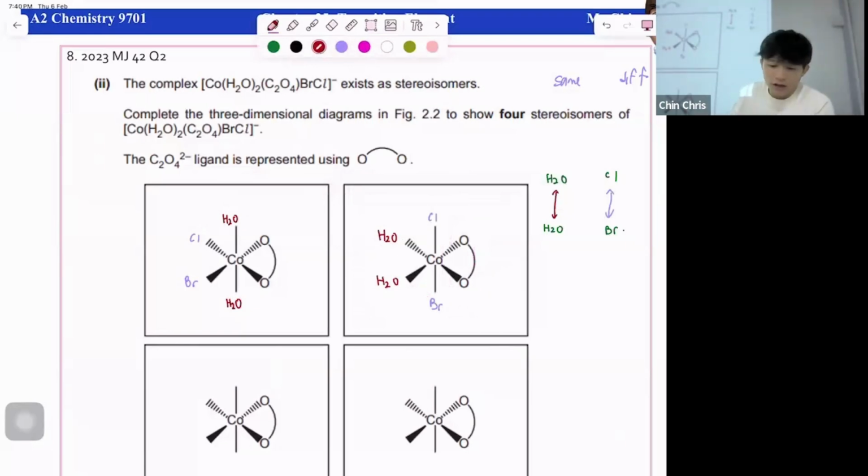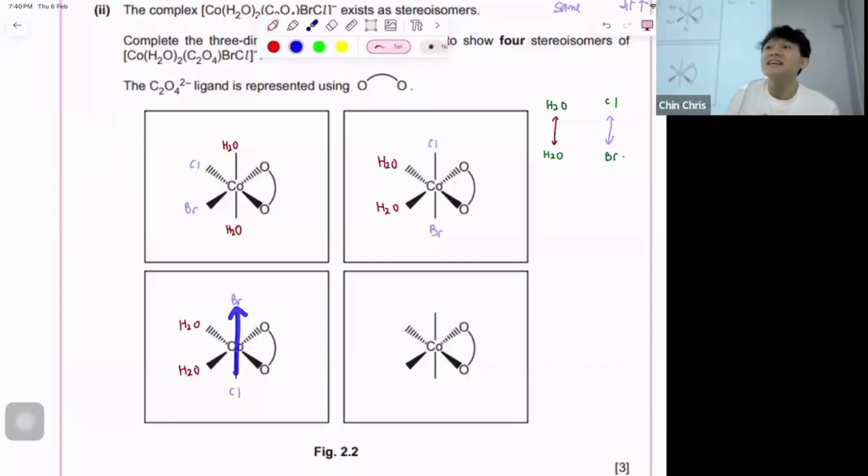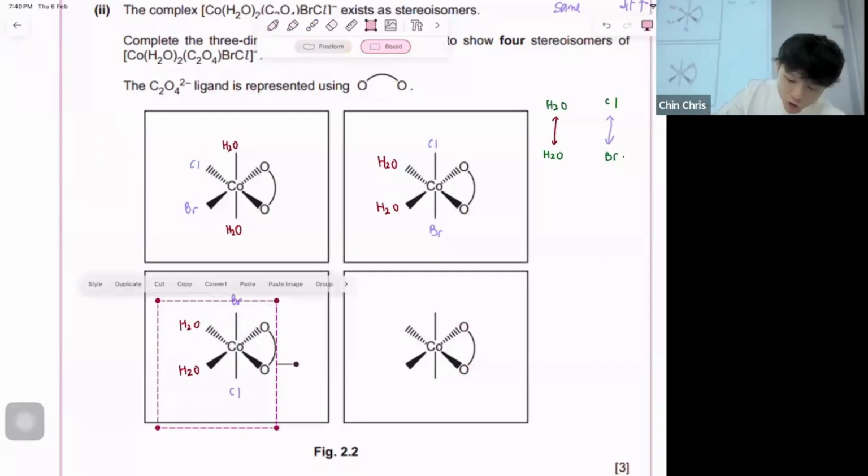Definitely different. Okay, next. Guys, now BrCl, H2O, H2O. Again, guys, 180 is still your Cl and Br, right? Correct. Okay, very simple. You just look at your 180, done.